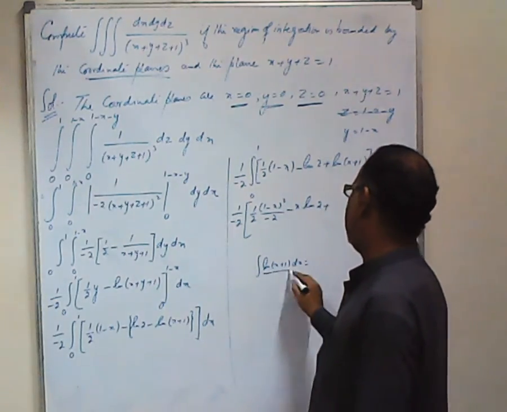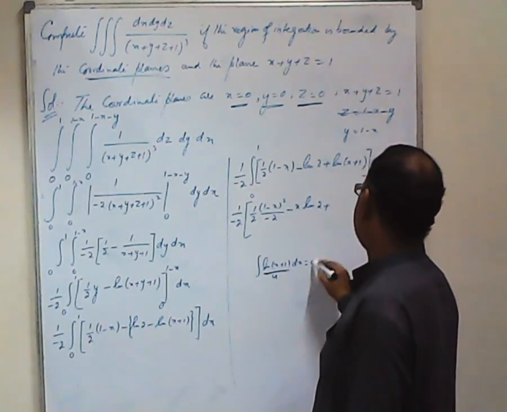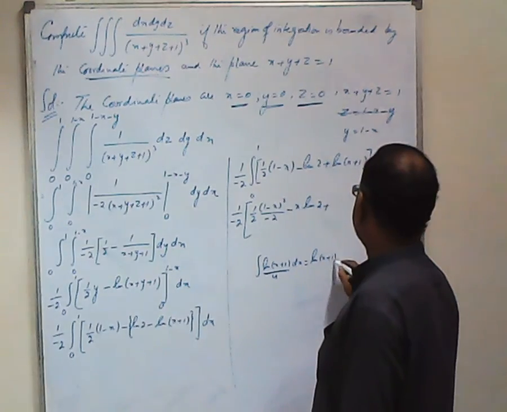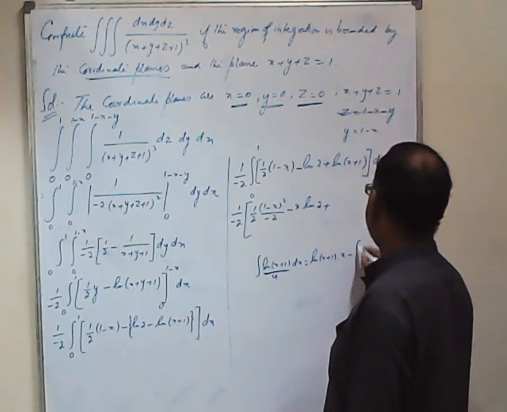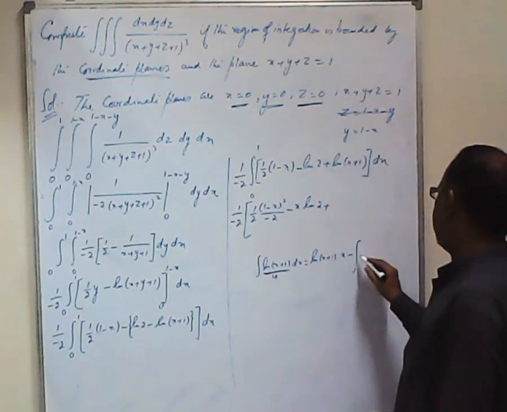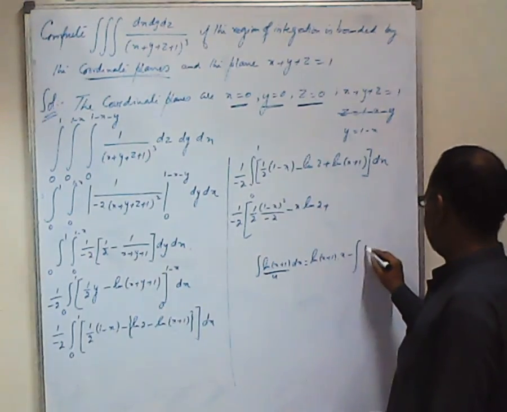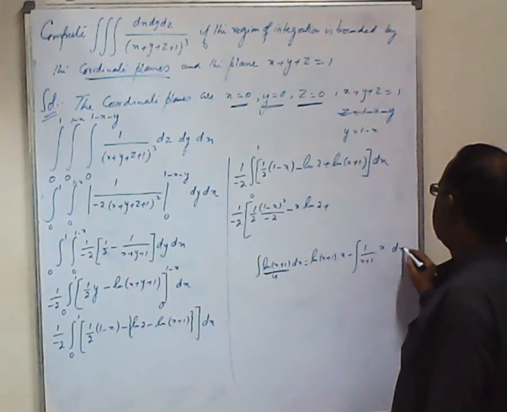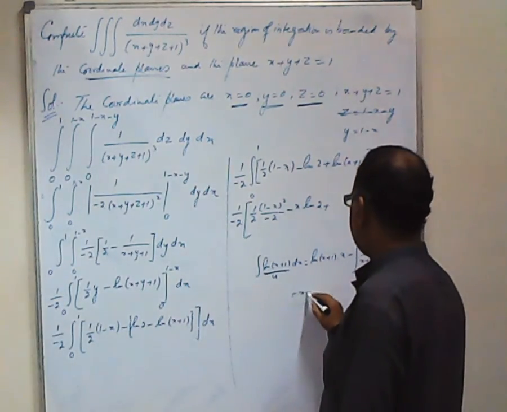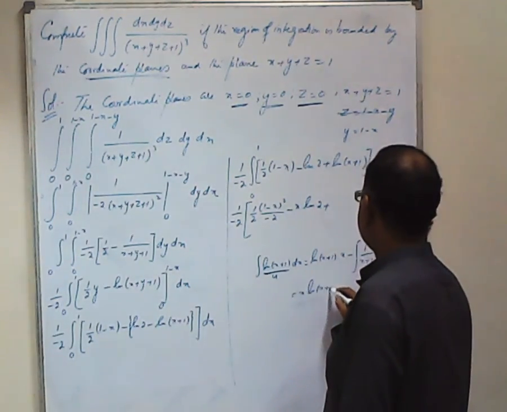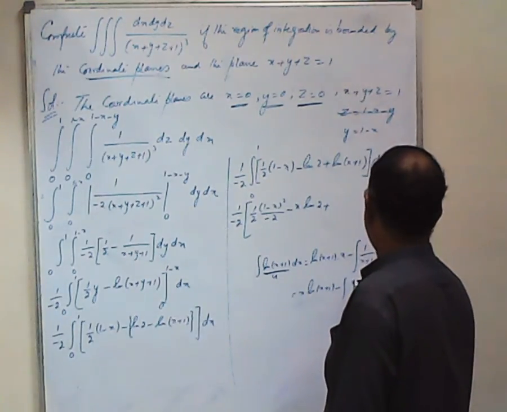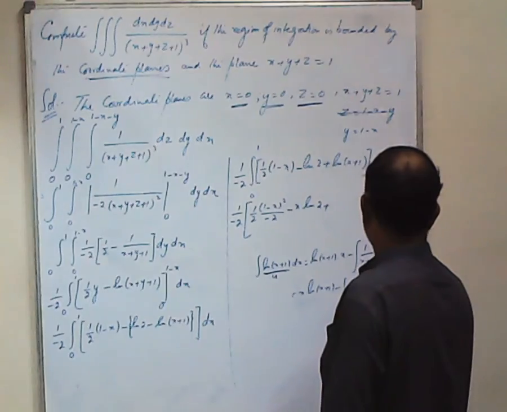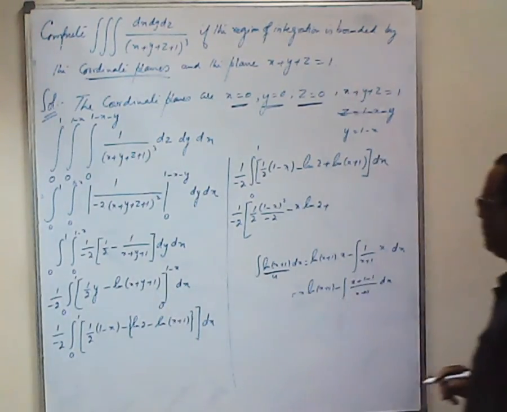So this will be u and v, so u into v is x minus integral derivative of u into integral of v dx. So this is equal to x into log x plus 1 minus integral of x upon x plus 1 dx.